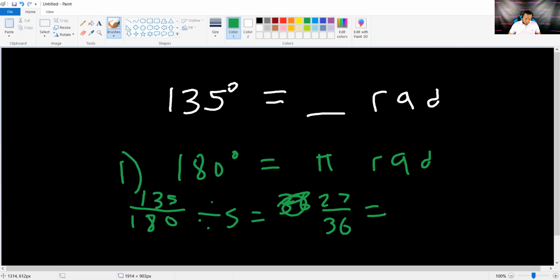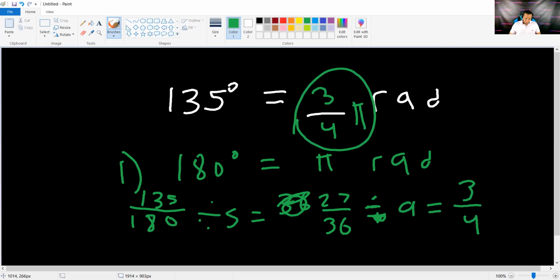And you can obviously divide both by 9. So that gives you 3 over 4. Well, that means that this should be 3 over 4 radians times pi. 3 over 4 pi radians. That's the answer.